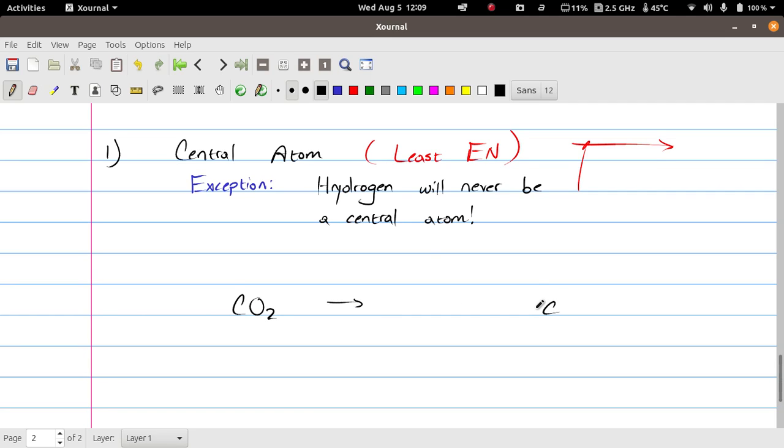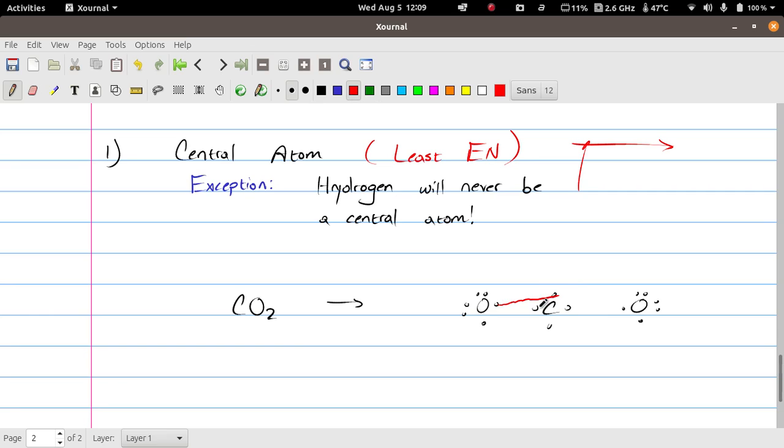Now, you don't really know this per se, but say carbon's got 4 valence electrons. Oxygen has 6. And there is 2 oxygens, right? So carbon is trying to have 8 valence electrons.